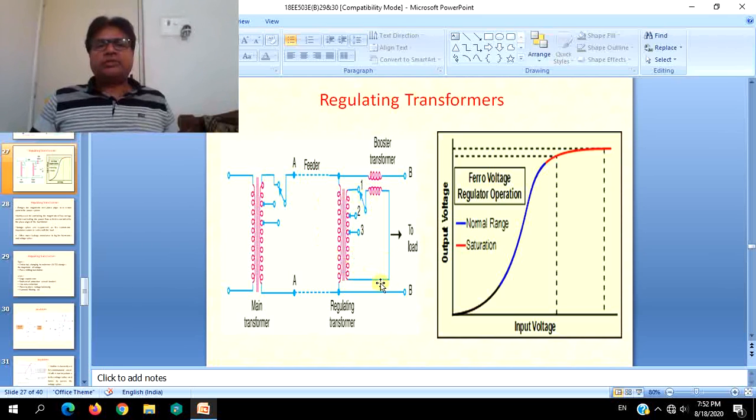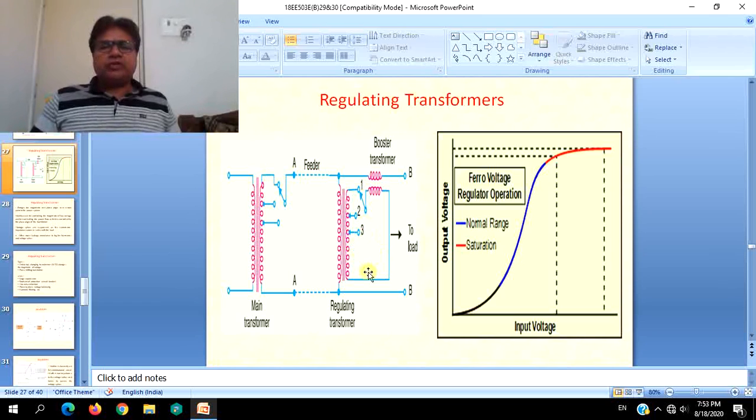The operation of these regulating transformers is also discussed in the power systems part, where you will find offline regulating transformers and online regulating transformers, where voltage ratios are changed, voltage tappings are changed for giving proper output voltage depending on the load.